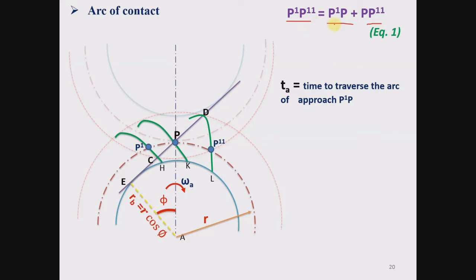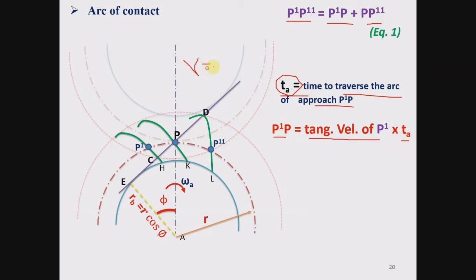Now for determining the arc of approach, let us assume that TA is the time required to traverse the arc of approach P dash P. Means we will assume that point P dash will take time TA to cover the distance P dash P. Now, the distance traveled by point P from P dash to P will be equal to the tangential velocity of point P dash into the time required, because we know that velocity is equal to distance upon time.